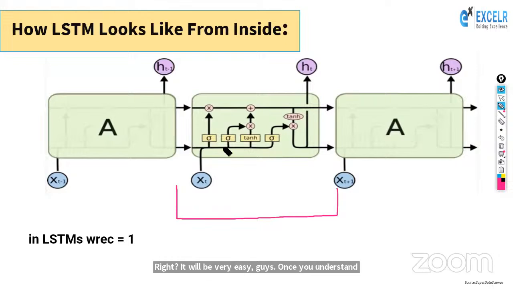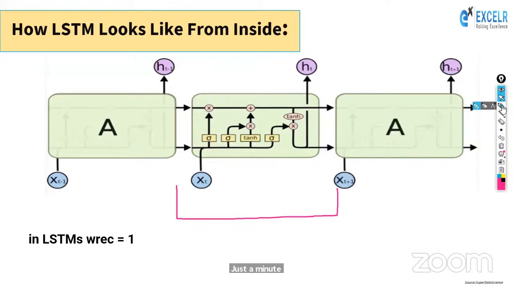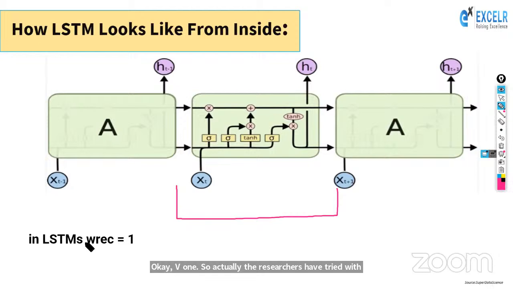Okay, so just a minute, guys. Why one? Actually, the researchers tried different values, and they analyzed that when the recurring weight value is exactly one, they never found the problem of vanishing gradient and exploding gradient.